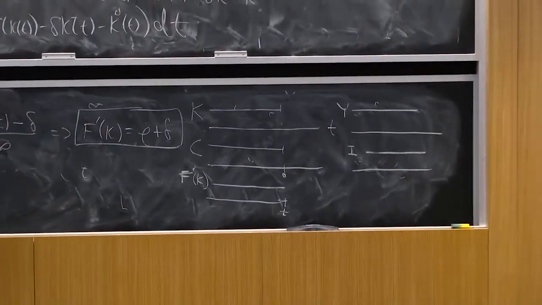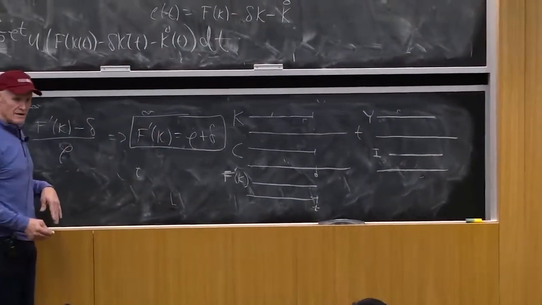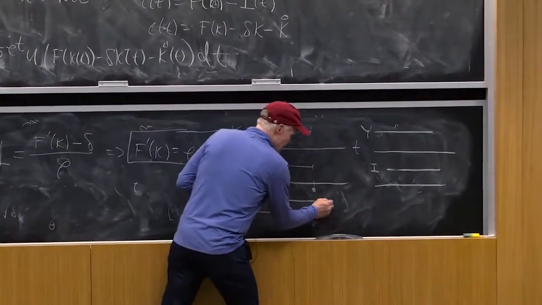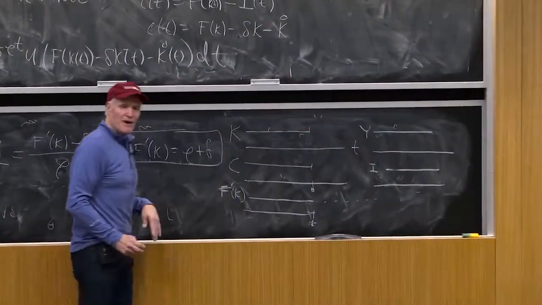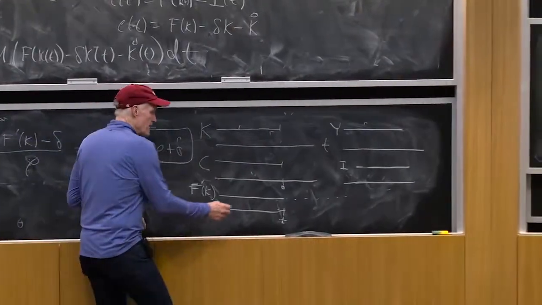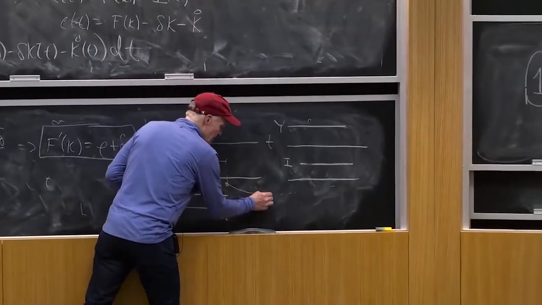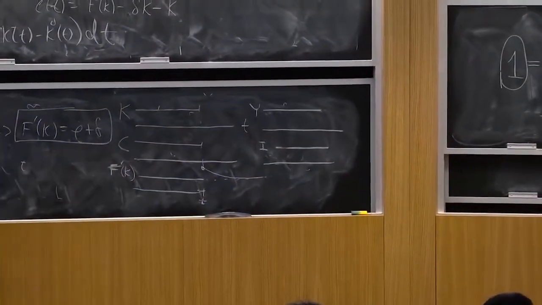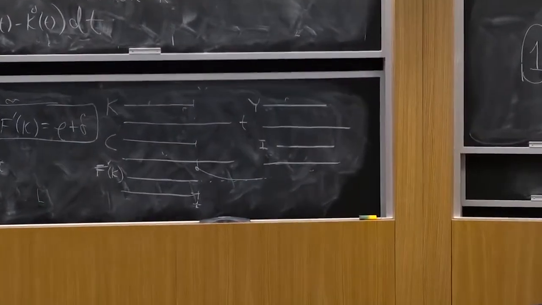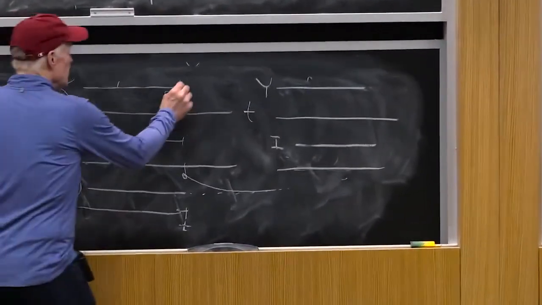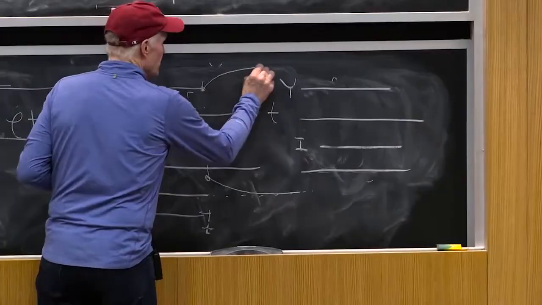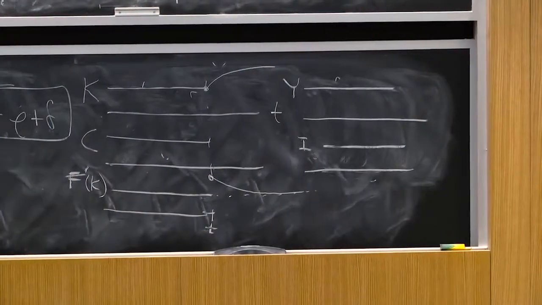Well, where's our new steady state going to be? It's going to be right back where it was. So we would then build up the capital stock and gradually bring F prime back, right? So our K would gradually increase until we reached our new equilibrium.